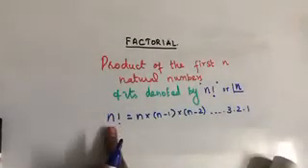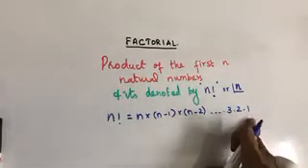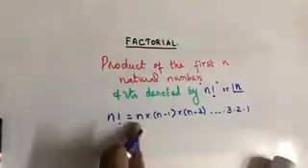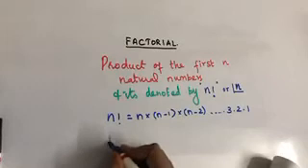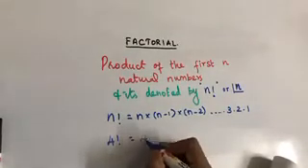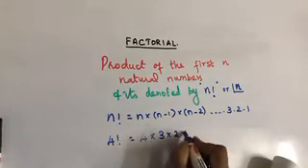Okay, the product of the first n natural numbers. So to calculate n factorial, from 1 you have to start up to n, all the numbers should be multiplied, the product of all the numbers. So 4 factorial is equal to, we'll start from 4, 4 into 3 into 2 into 1.